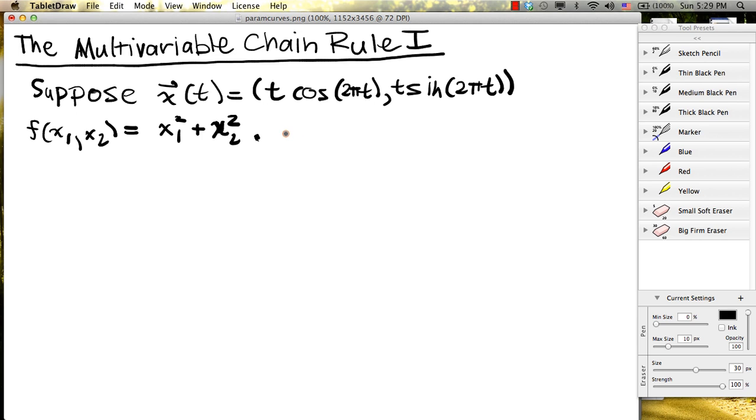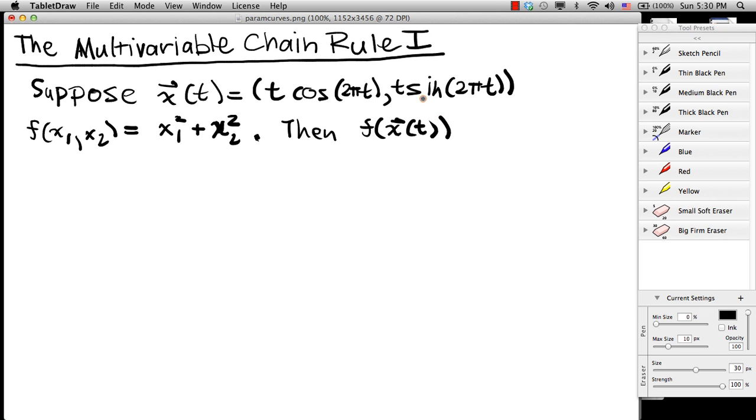And when we compose these, we get f of x of t, so it's a function parameterized by t, is equal to, when we plug in t cosine 2 pi t into x1 and t sine 2 pi t into x2, we get t cosine of 2 pi t squared plus t sine 2 pi t squared.